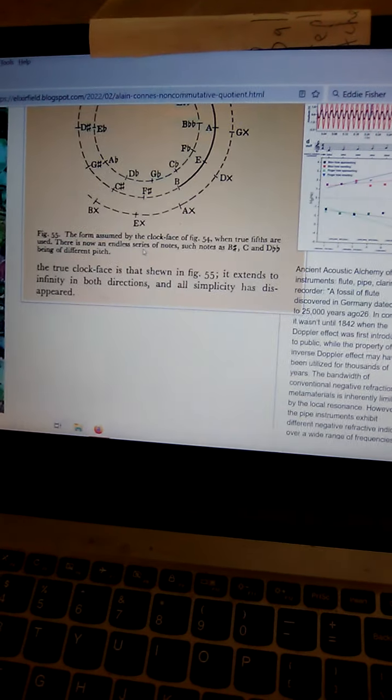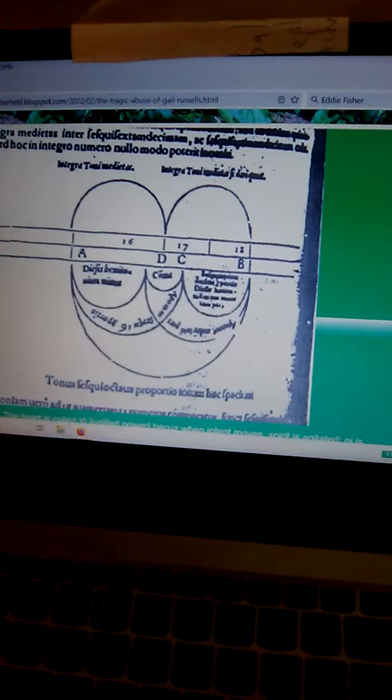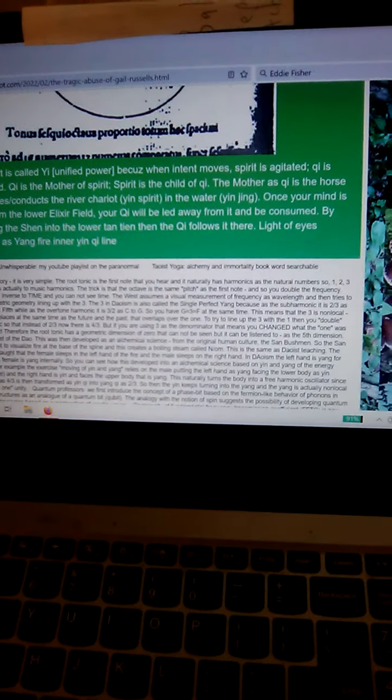Let's see if I got any other images available here. But anyway, I have another blog post on the log, or if I go back to an older blog post, I'm looking through my window. Hold on, let me see if I can find the older post. Yeah, so this is not it.